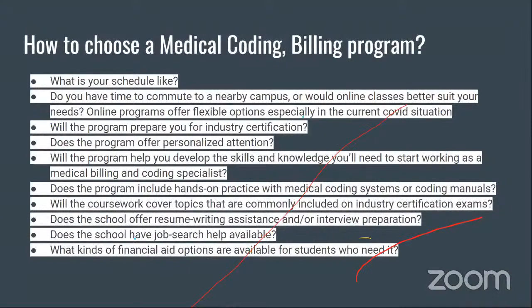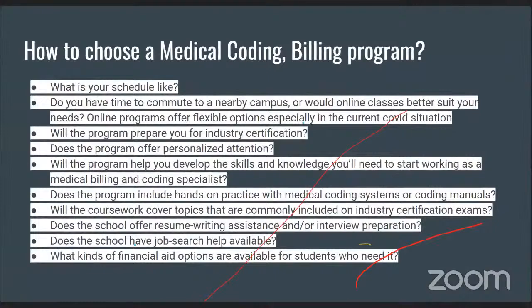One second, I'm going to try and get this annotation away. I hope I can do this. Okay, got it. All right.